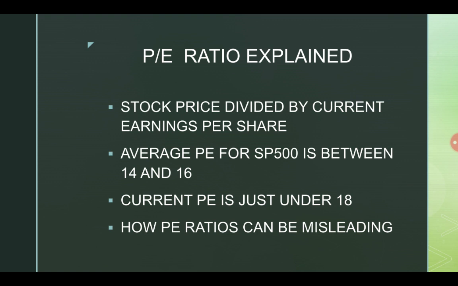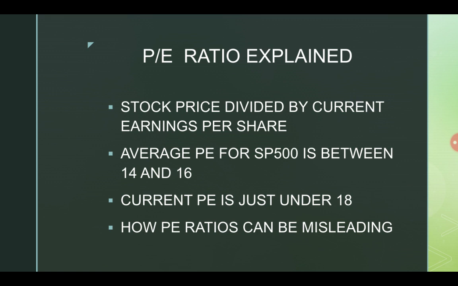Another thing that can be misleading is that earnings predictions are not always accurate, especially with an unpredictable event like the coronavirus. Earnings are not a predictable measure. So right now I don't think the PE ratio is the only thing that people should be looking at.